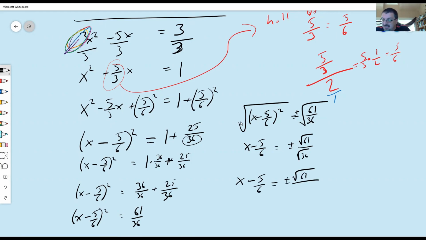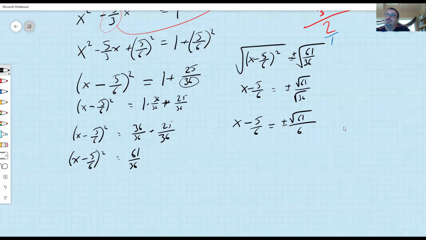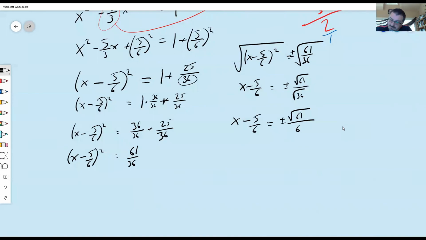Square root of 36 is 6. So plus 5/6, plus 5/6. x equals 5/6 plus or minus the square root of 61 over 6.